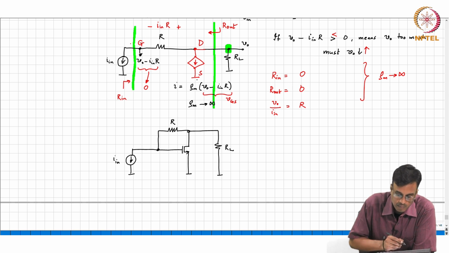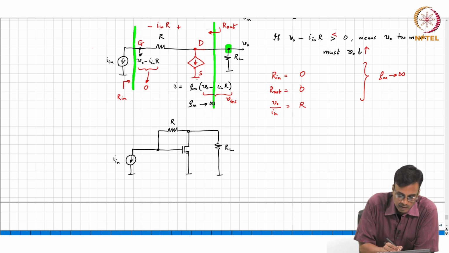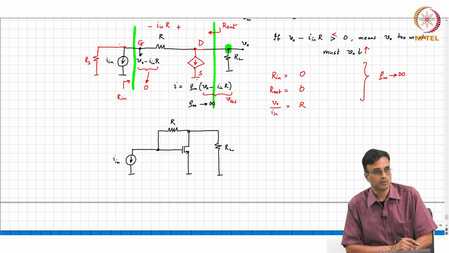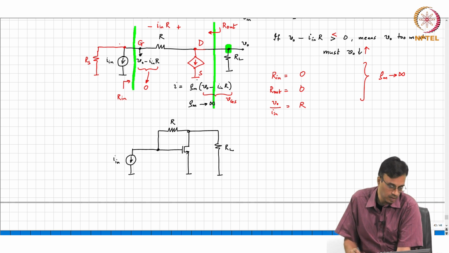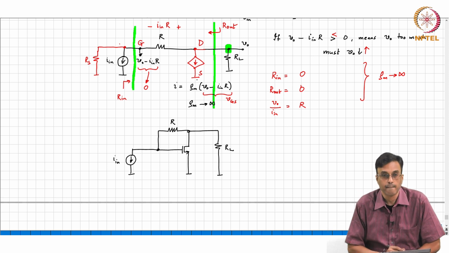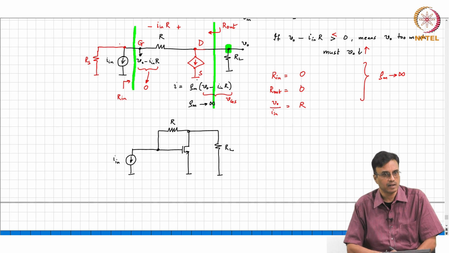So, by the way, if you have a poor current source, so let us say this current source is not ideal, then it is equivalent to having a parallel resistance Rs in shunt with the current source. All right. And now what comment can we make about the output voltage? The fact that you have finite output resistance for the current source does not change anything as long as Gm is infinite. And why is that?